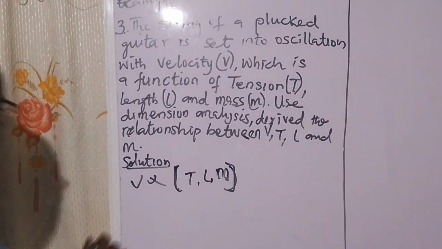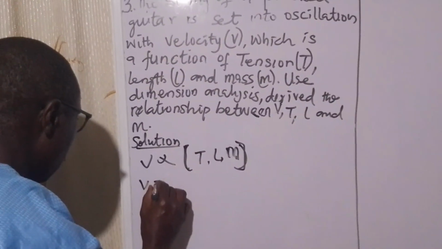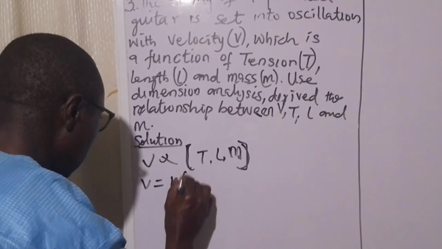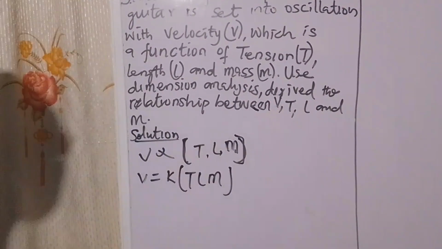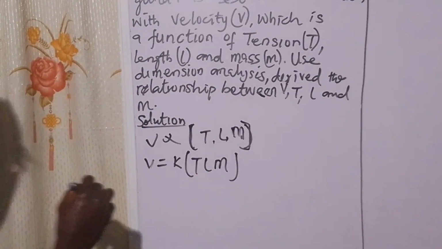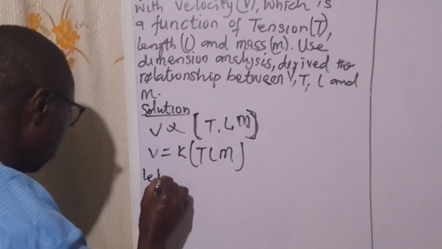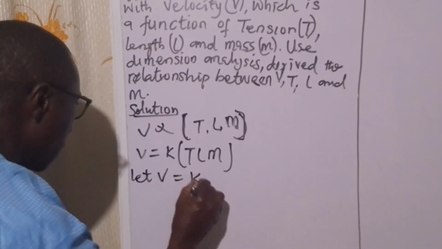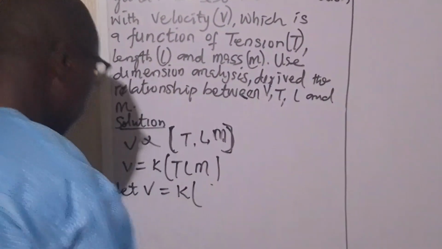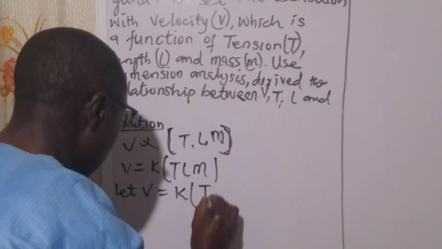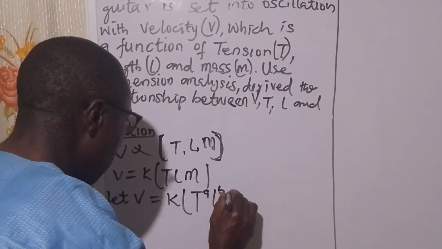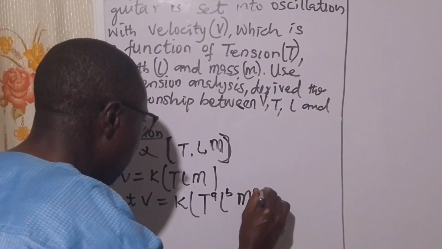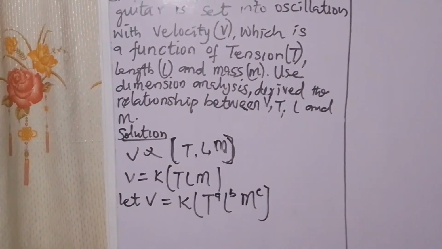Now, we can say V is equal to K into T, L, M. Next step, don't forget, let V be equal to K into T raised to power A, L raised to power B, and M raised to power C.